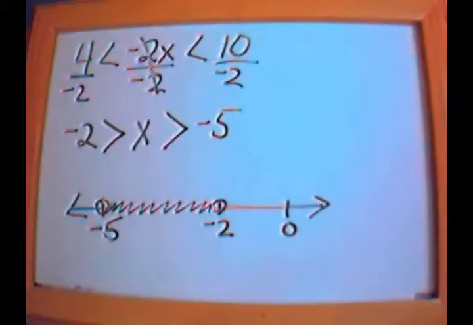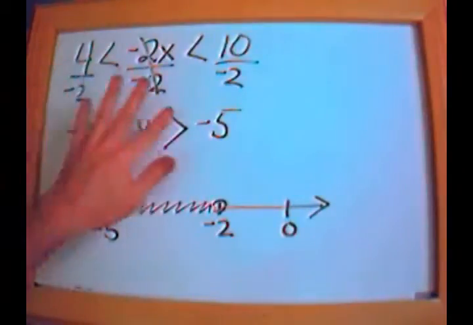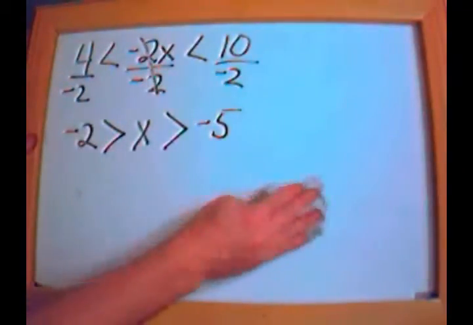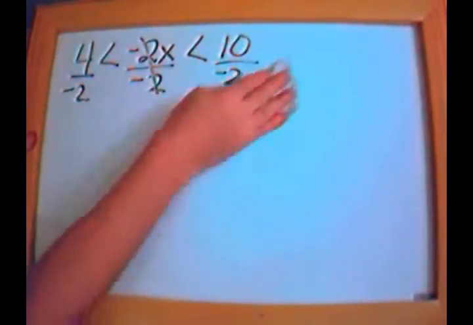Those numbers are the only numbers that satisfy that inequality. And we had to flip both signs because we divided both sides of everything by that negative number, and that is what caused us to have to flip the signs around. It's one of those rules of algebra you're just going to need to memorize. One of the few that I actually say, just go ahead and memorize it. It makes life a little bit easier.